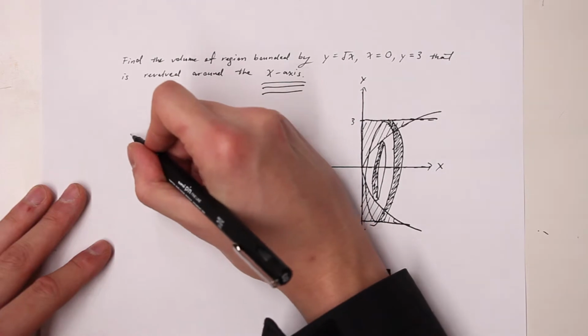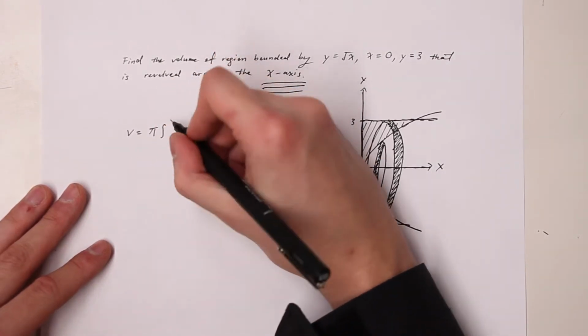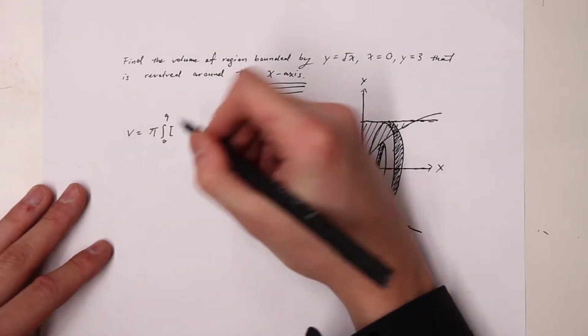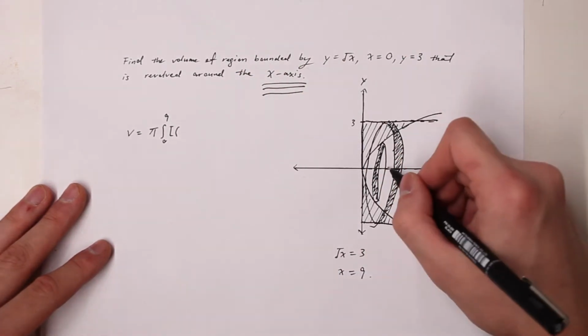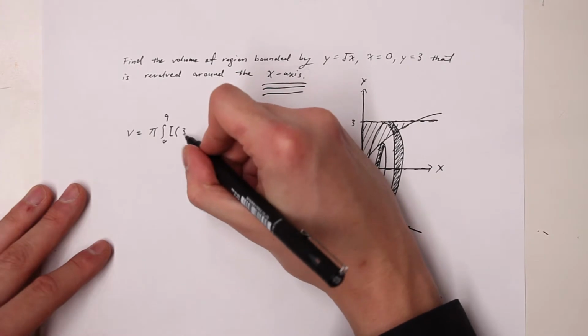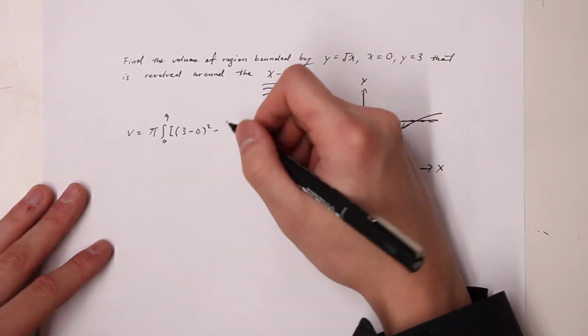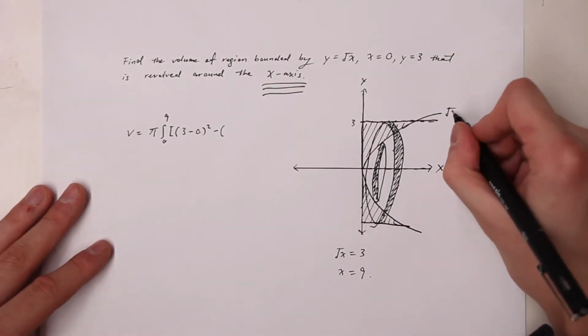So to begin with, your volume equals pi integral from 0 to 9, and you want to set the skeleton outline. What you want to do is subtract the inside from the outside. So if we start first, you have 3 minus 0, so that's the outside, squared, minus, now if you look, this is the inside, which is root x.